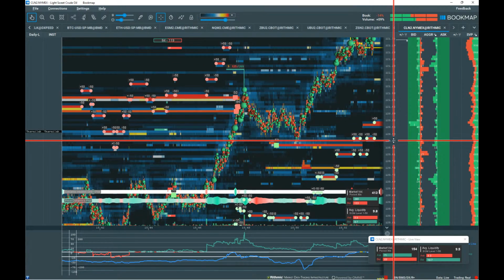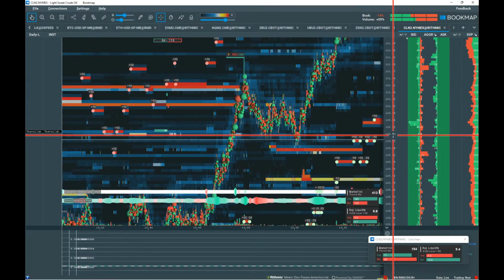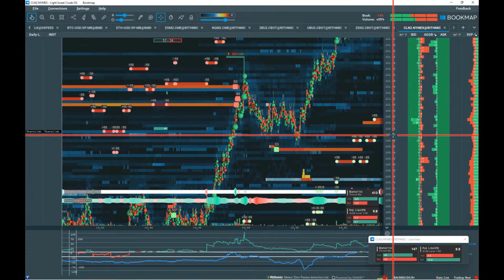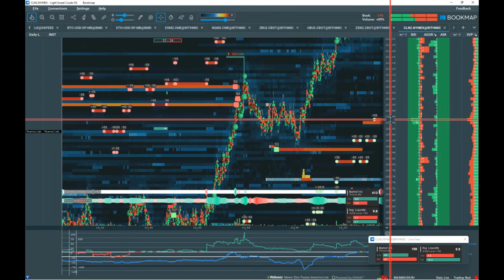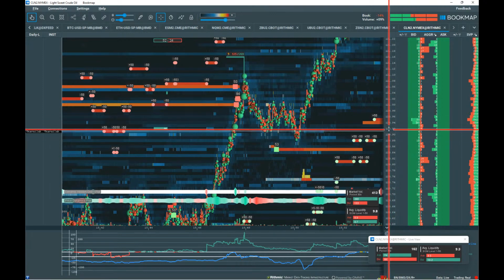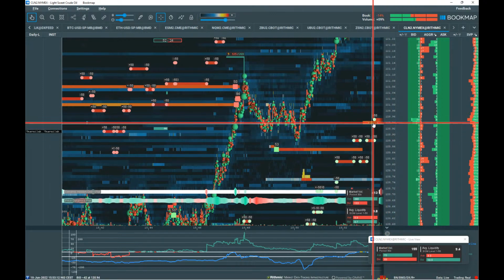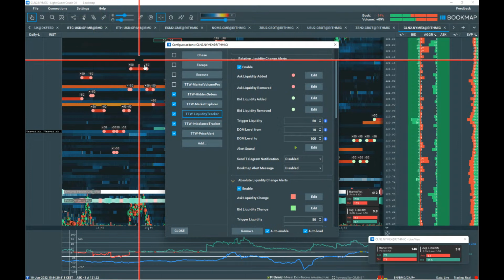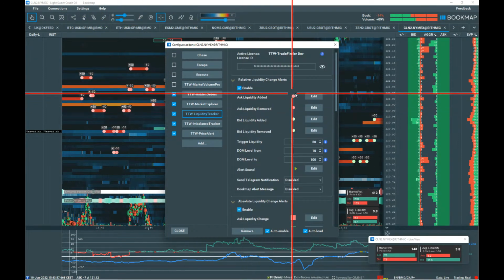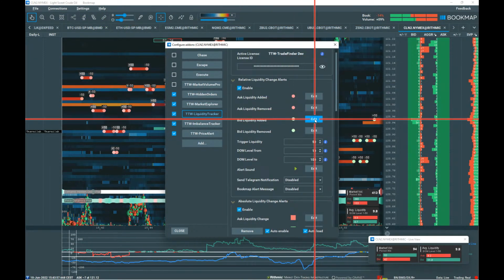Yeah, that's a good example. You see at, I suppose, 129.95 here again, plus 50, a green dot, because the settings of the relative liquidity are set here.